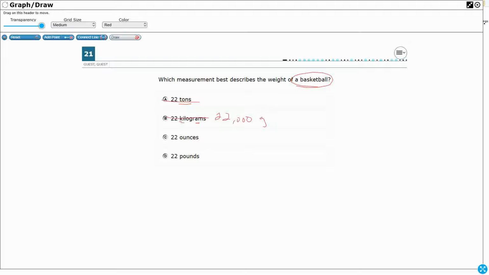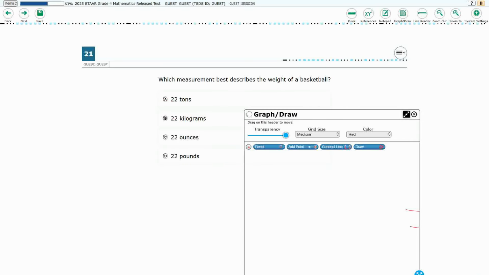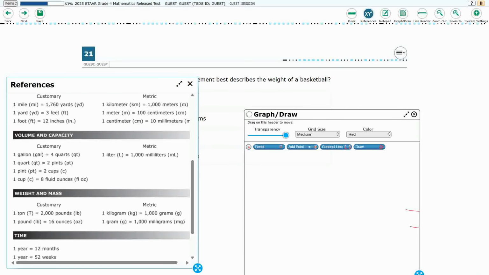Okay. Now, think about 1 pound, and I'll use LB to represent pound, is about a loaf of bread. So that's not enough by itself, but imagine a basketball weighing 22 loaves of bread. That's quite a bit. Now, what about these ounces? Let's see if we've got our ounces here.